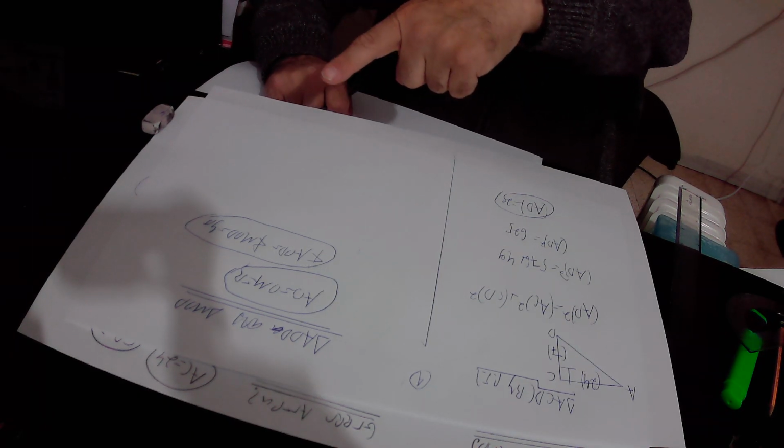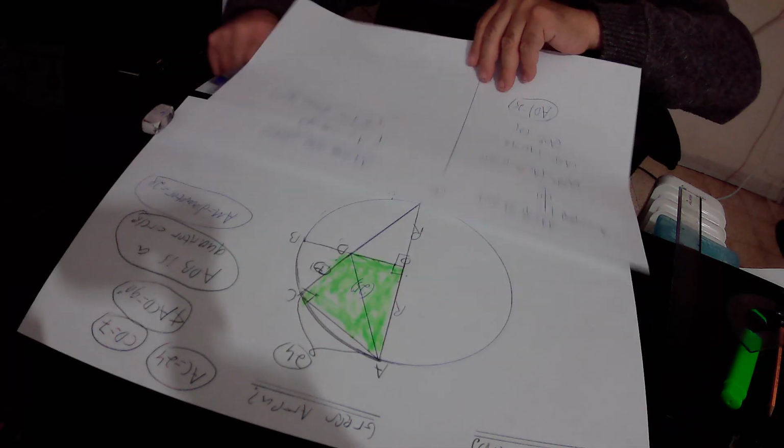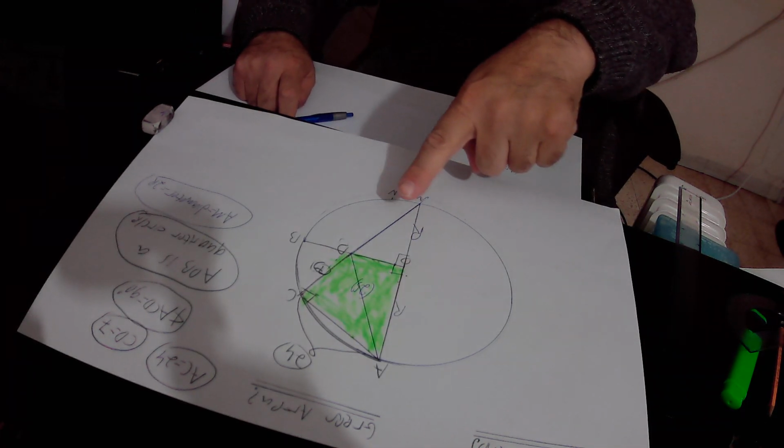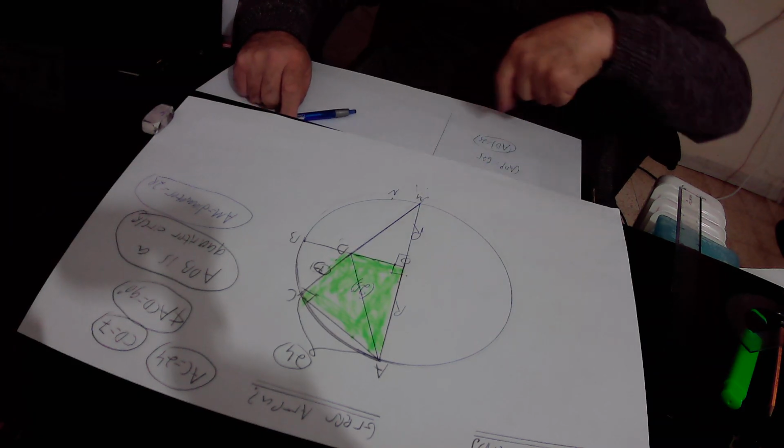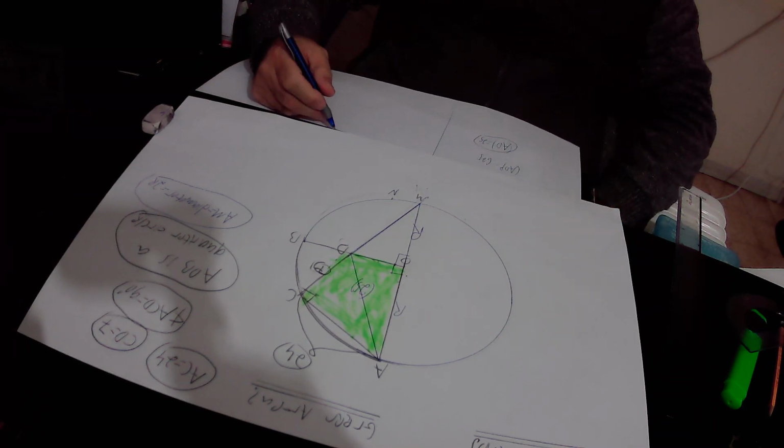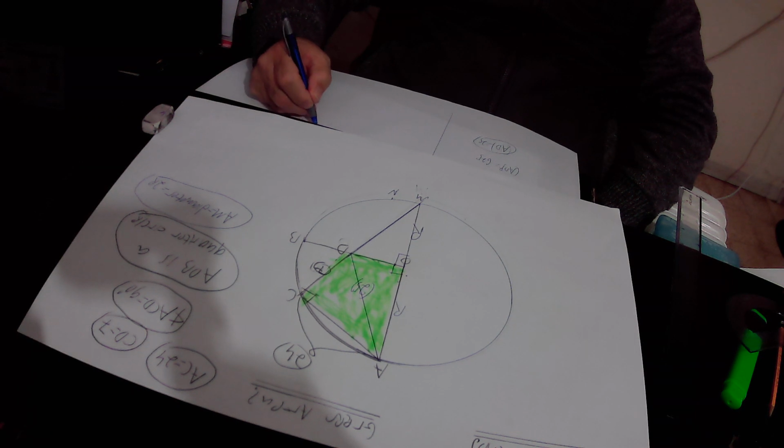They are both equal to 90 degrees. And finally, side DO is a common side that belongs to both triangles. So side DO equals itself as a common side that belongs to both triangles.